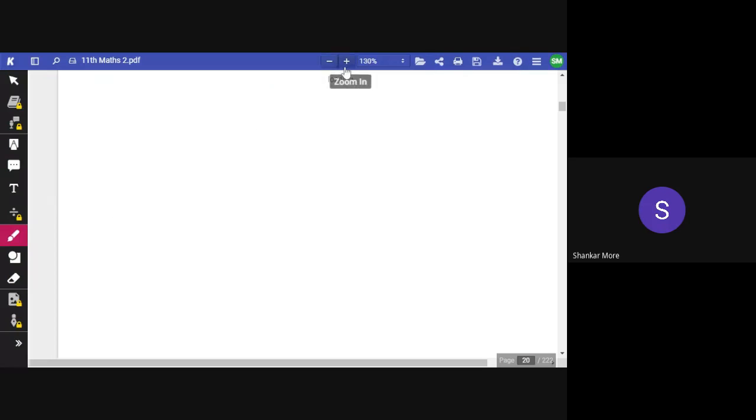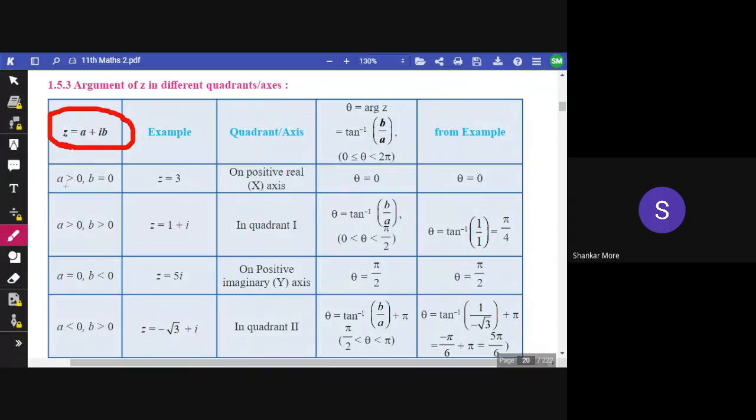Sorry, sometimes it just happens. Okay, a is greater than 0 and b is equal to 0. For example, I'll try to draw it for you. This is the a axis and this is the b axis, or the x and y axis.